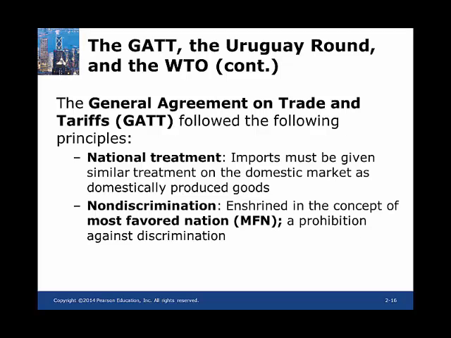The General Agreement on Tariffs and Trade followed these principles. National treatment: imports must be given similar treatment on the domestic market as domestically produced goods. Non-discrimination: enshrined in the concept of most favored nation, a prohibition against discrimination.